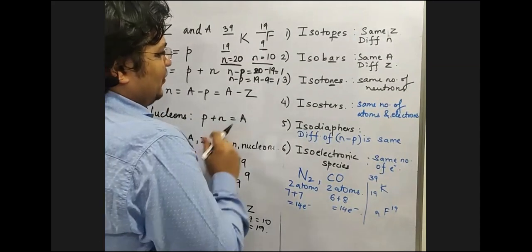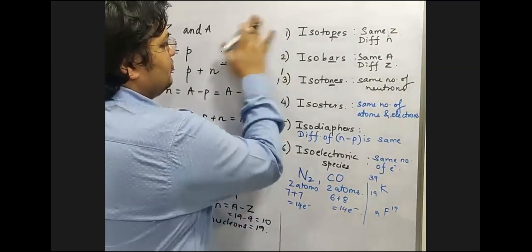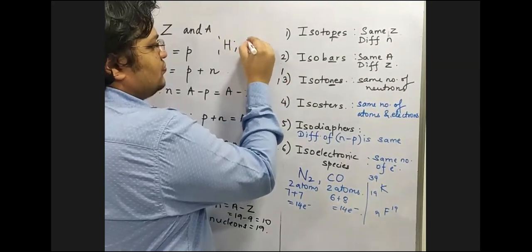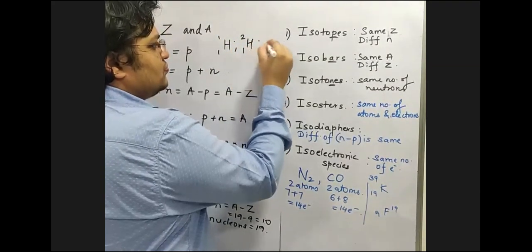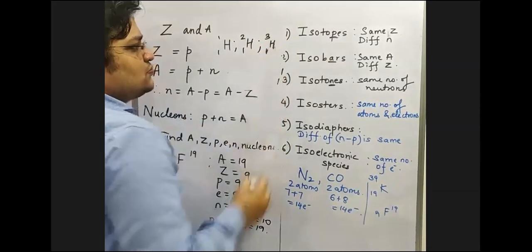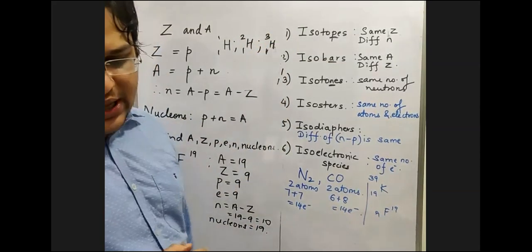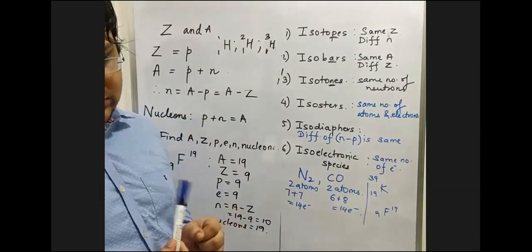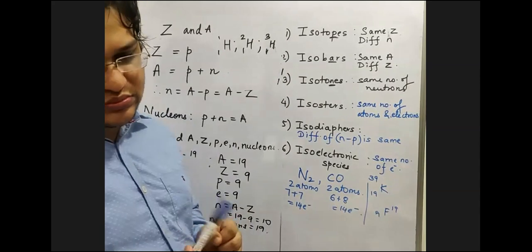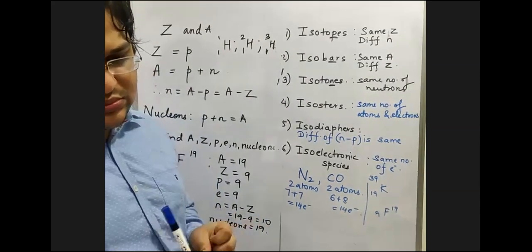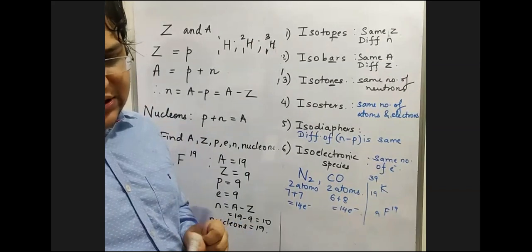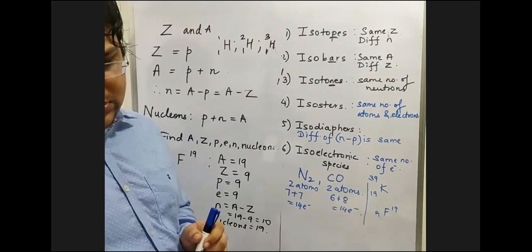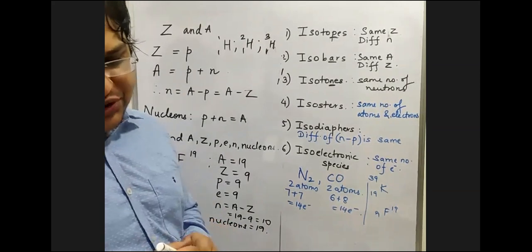Next example which I take over here. H 1 1, H 2 1, H 3 1. What are these guys? They are not isobars, they are isotopes.